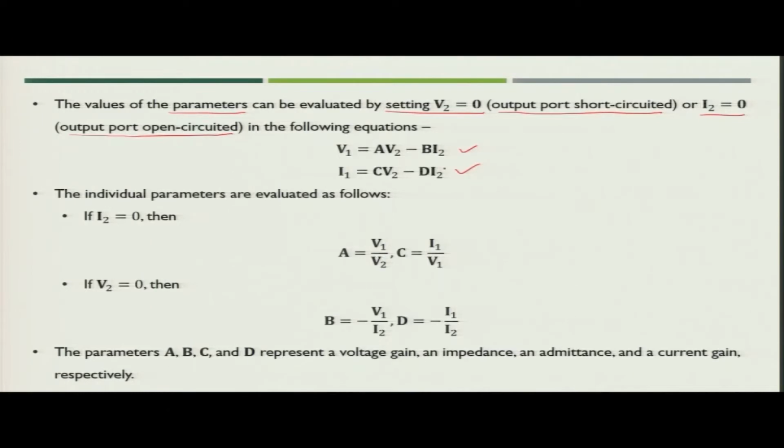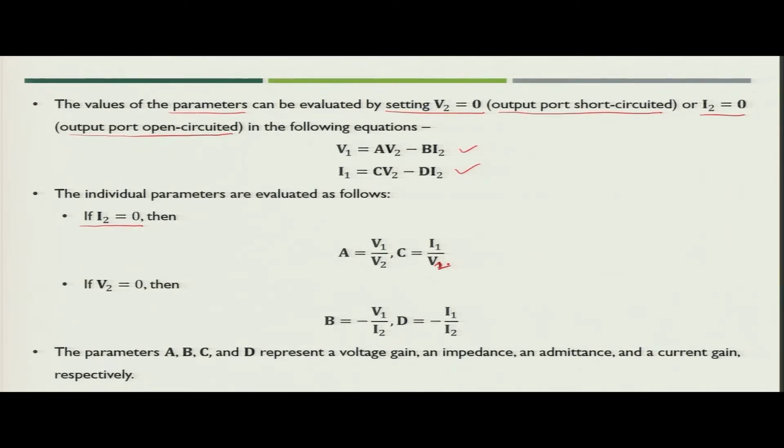If you set I2 equal to 0, the output port is open circuit. In that scenario, A will be V1 upon V2, and from the second equation C will be equal to I1 upon V2.